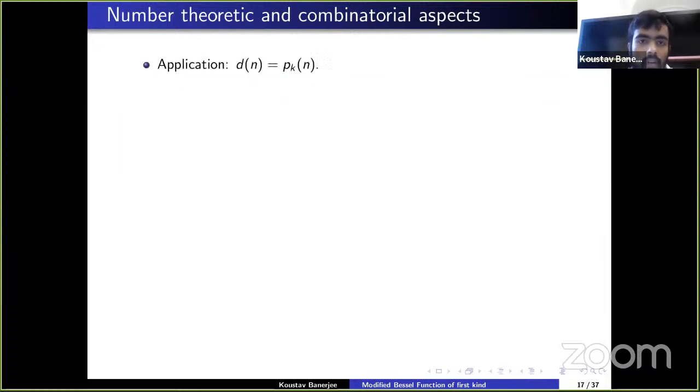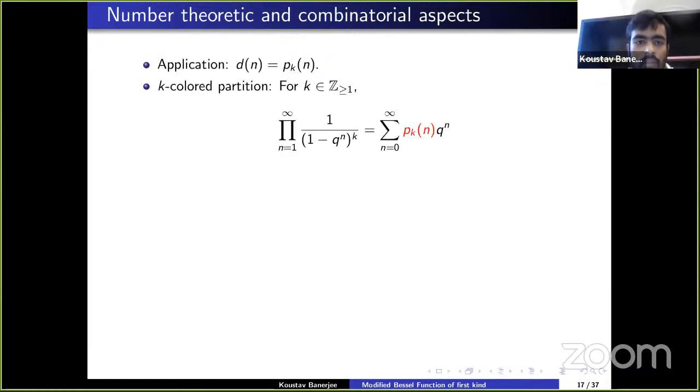In the meantime, I saw that d_n equals p_k(n), which is a k-colored partition. If I don't go into the combinatorial application, the generating function is the product over n from 1 to infinity of 1 over (1 minus q to the n) to the power k, which equals the sum over n from 0 to infinity of p_k(n) q to the n. If k equals 1, this is the partition function, which counts how many ways one can write n as a sum of positive integers using k colors.